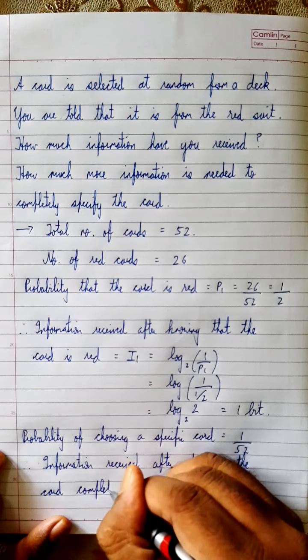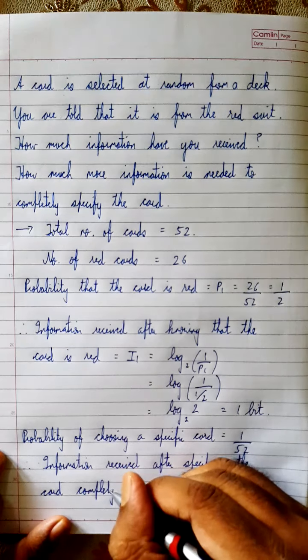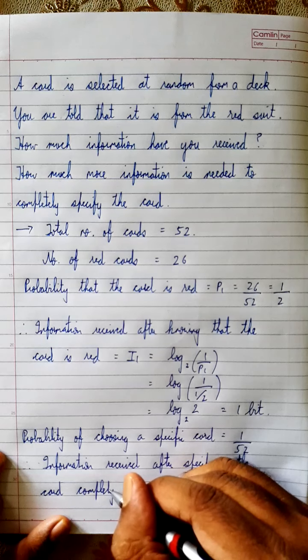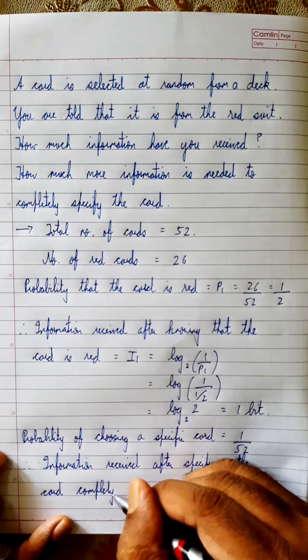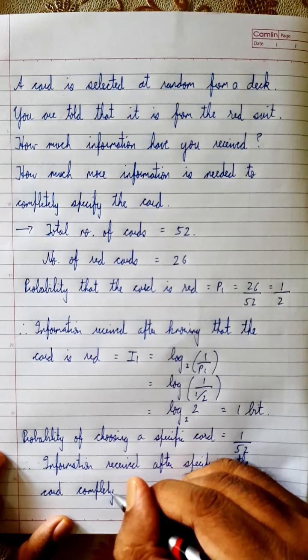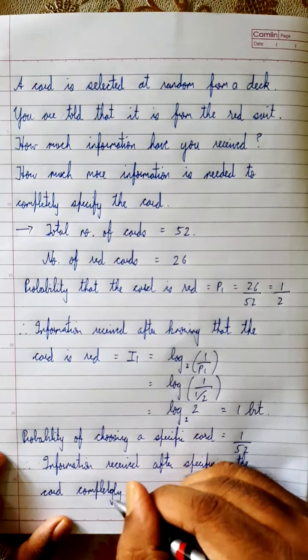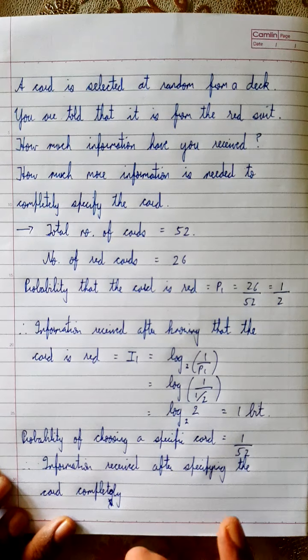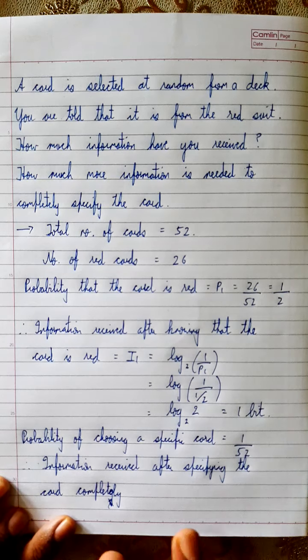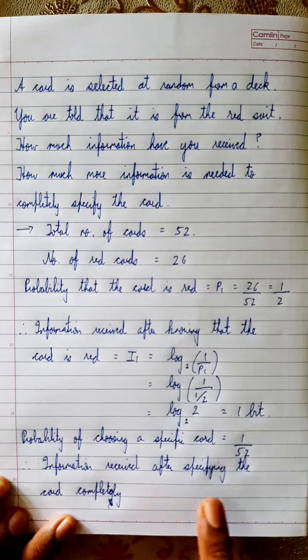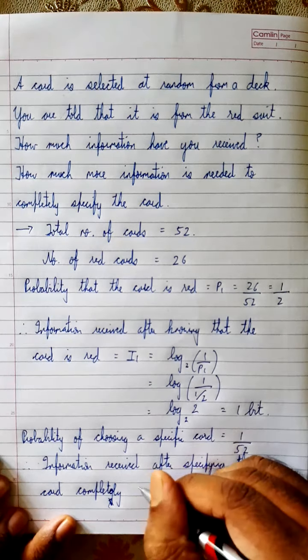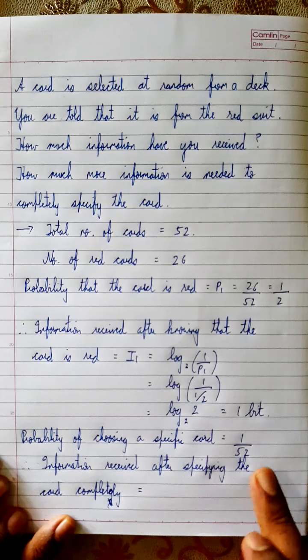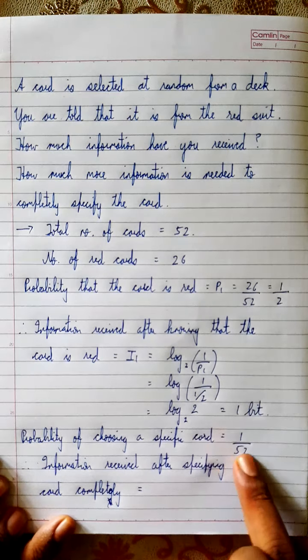If you know everything about the card, what is the color, what is the number, what is the symbol of the card, then you have already completely specified the card. So information received after specifying the card completely is equal to log of 1 by this probability.